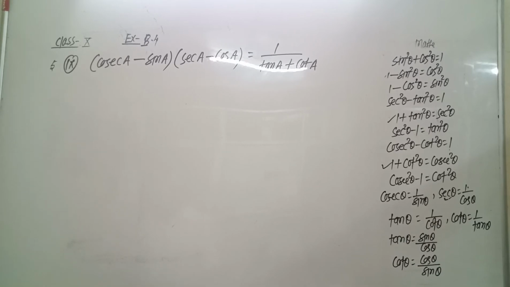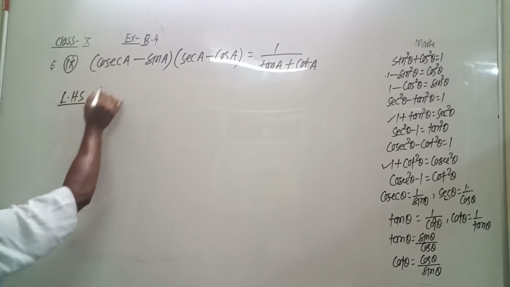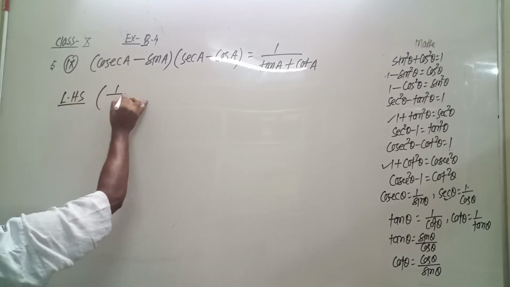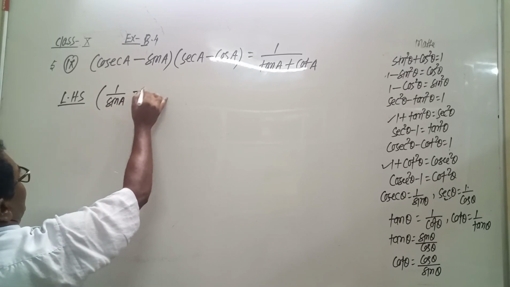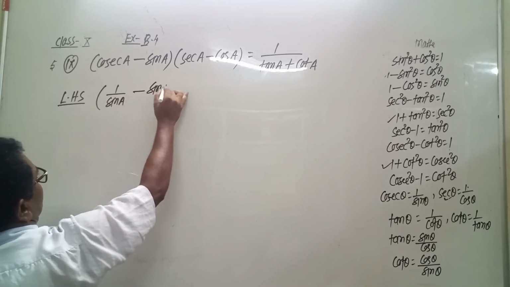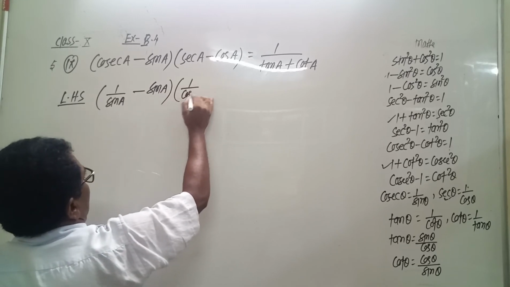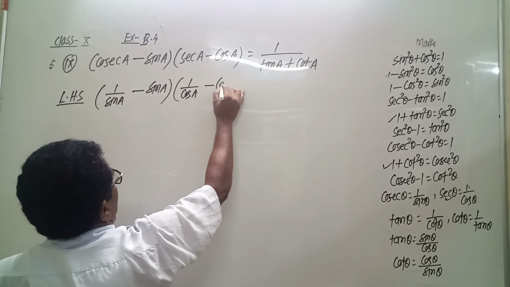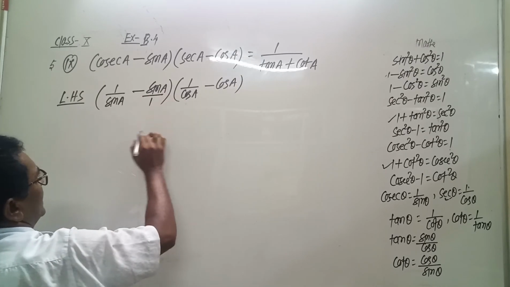So again we solve the LHS. Cosec A is written as 1 by sin A, minus sin A. Sec A is written as 1 by cos A, and minus cos A. If there is nothing, we can write 1.